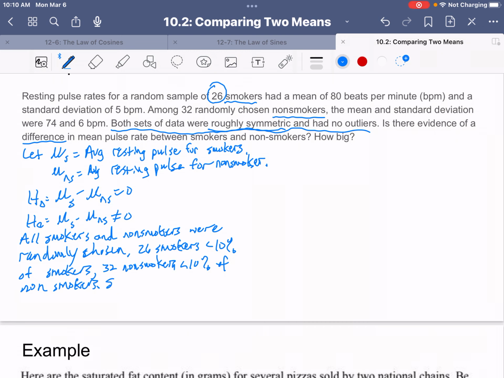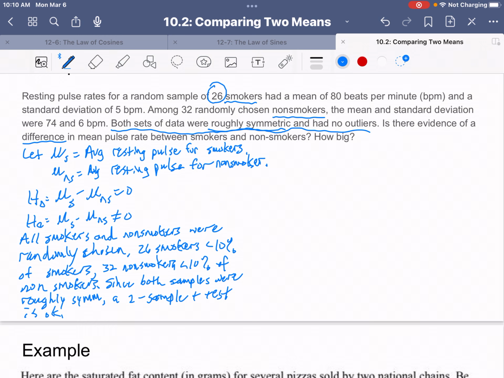So we can say something like, since both samples were roughly symmetric, a two-sample t-test is okay.